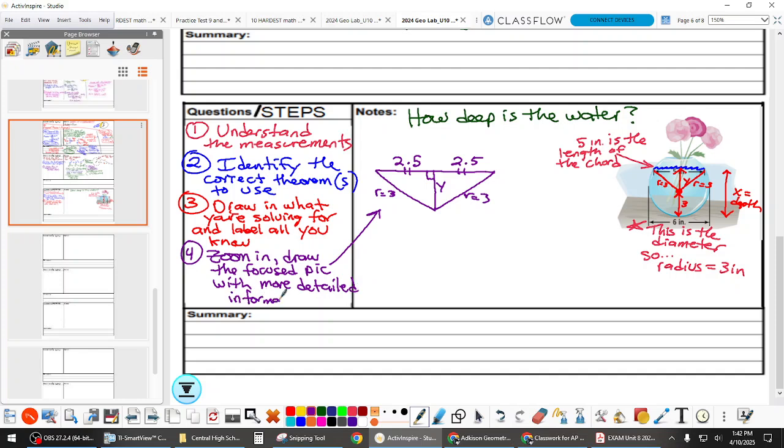In other words, when you start drawing all this stuff into the little circle picture, it can get too busy. So zoom in, now we can put Y clearly, the 90 degree, we can say those are congruent and split it in half, like those kind of details start coming out, right? And guys, notes like this are kind of vague because sometimes you run into different circumstances. So you need to be able to think critically.